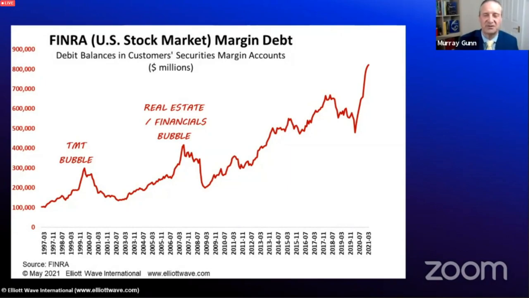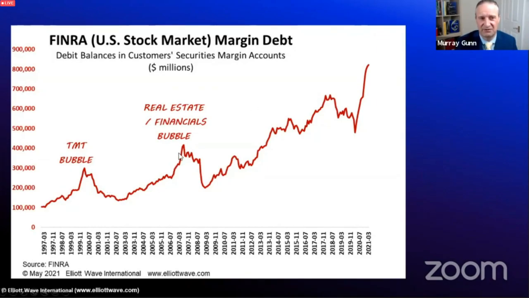The more money that is in the system, the more liquidity that's in the system, the more it encourages people to take on debt, allied to a positive social mood as well. So this shows the margin debt in the NYSE, and we can see that during the late 1990s, it had grown into the TMT bubble, which reached a peak then. Then there was that crash in the early 2000s.